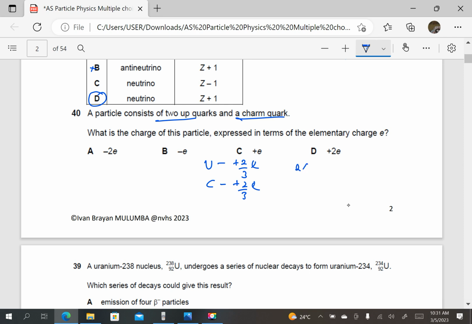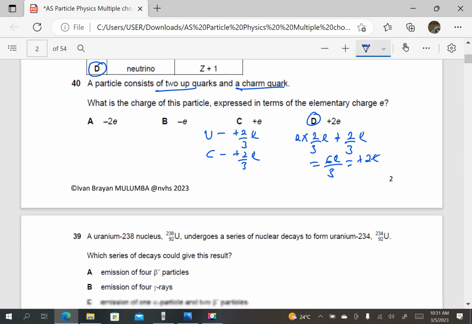So we have 2 times 2 over 3e plus 2 over 3e to get the total charge. So that is 4 over 3e plus 2 over 3e, which is equal to 6e divided by 3, which is equal to positive 2e. So the answer there is D, positive 2e.